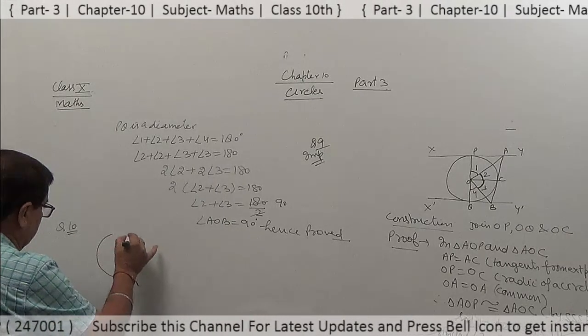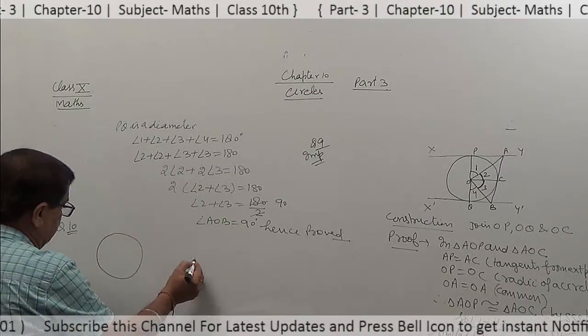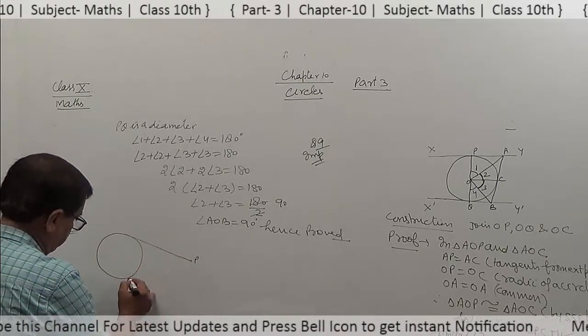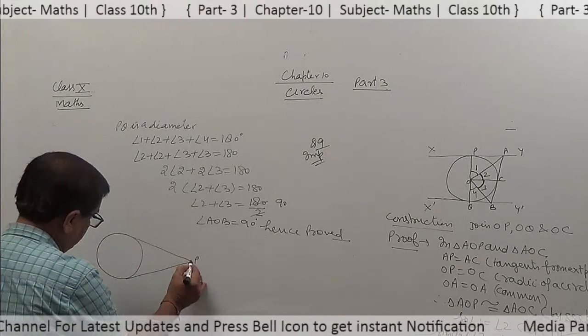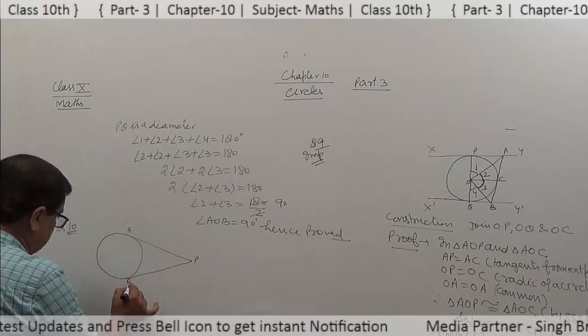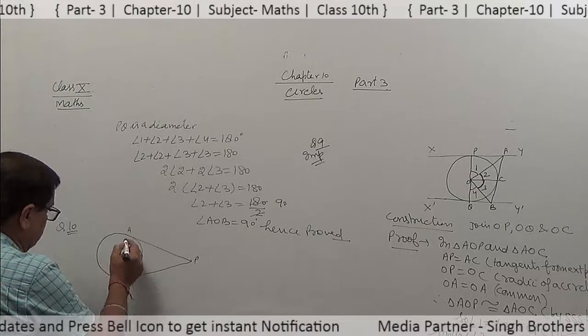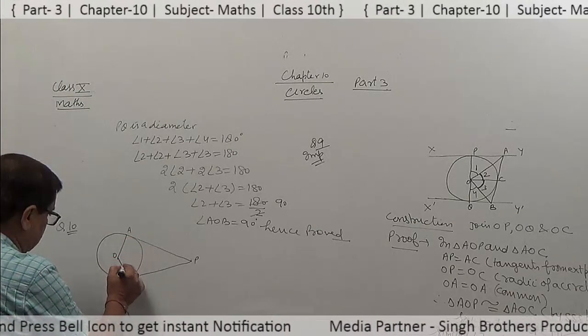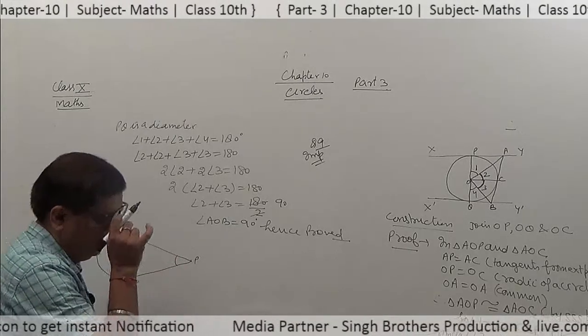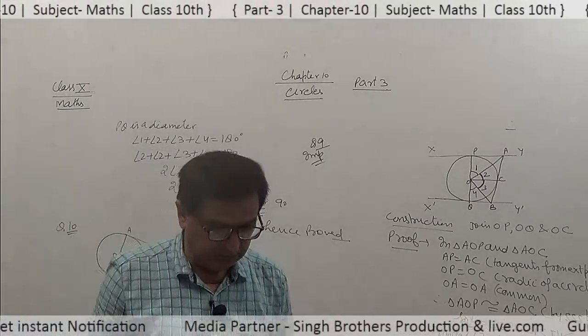This is a circle, this is a point P, these are the two tangents. You have to show that this angle plus this angle is 180 degree.